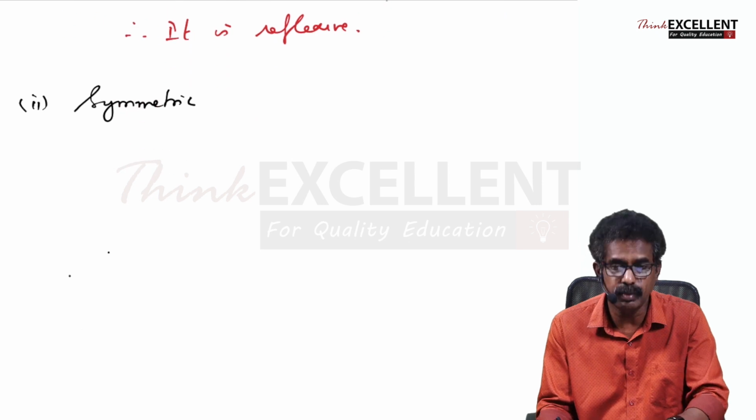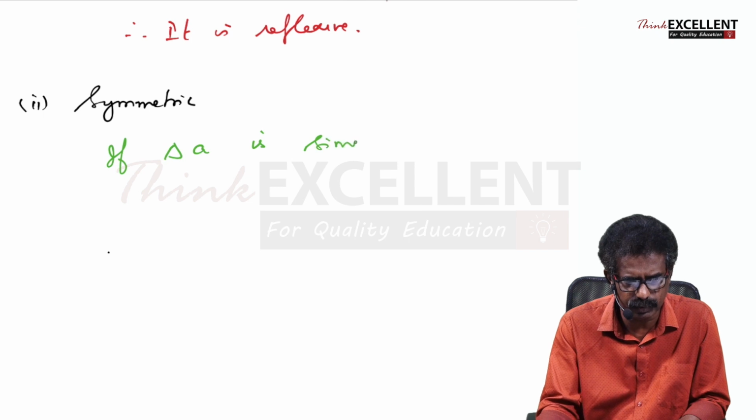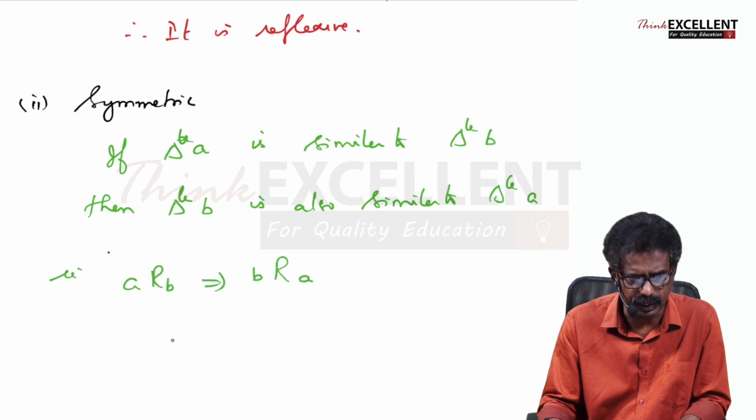Triangle A is similar to B means triangle B is similar to A. So if triangle A is similar to triangle B, then triangle B is also similar to triangle A. So that is, A related to B implies B related to A. Therefore, it is symmetric.